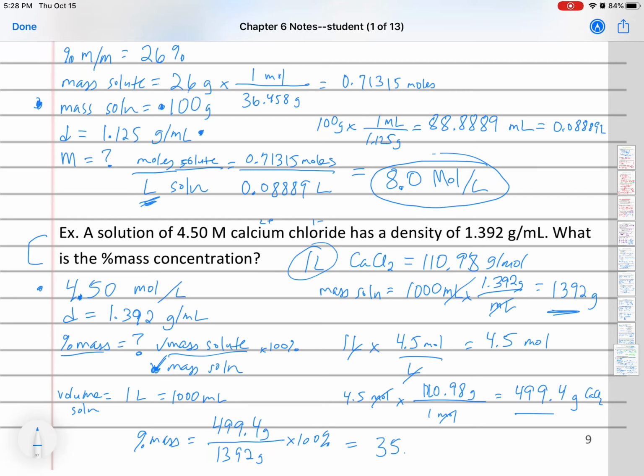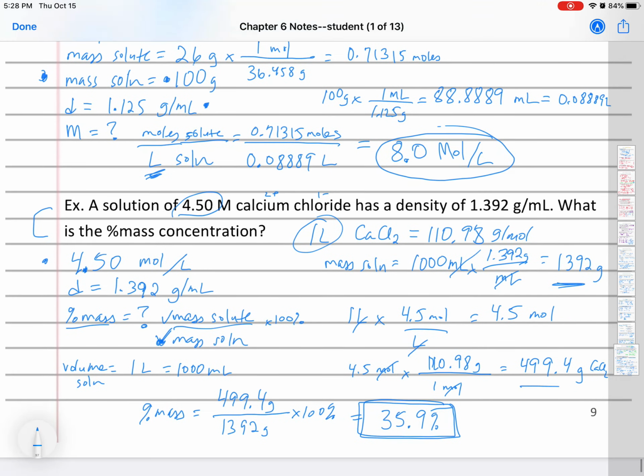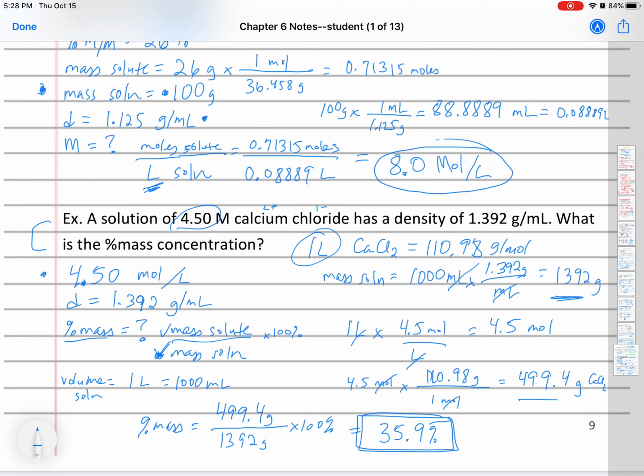And that equals 35.9%. I round it to 3 sig figs because I have 3 sig figs in this number here, so I want 3 sig figs in my answer. So a 4.5 molar calcium chloride solution is 35.9% calcium chloride by mass.